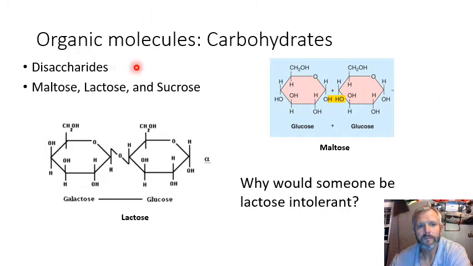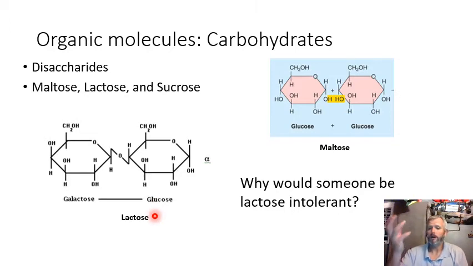So, organic carbohydrates, going back, we have galactose and glucose. Those are called monosaccharides, the individual ones. But typically, much of our food, we don't have glucose simply as glucose.